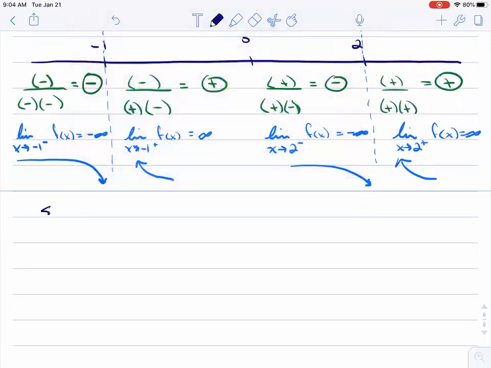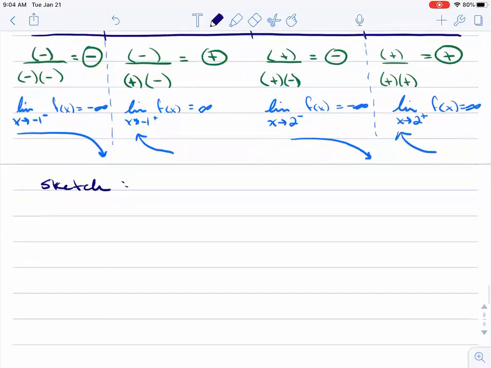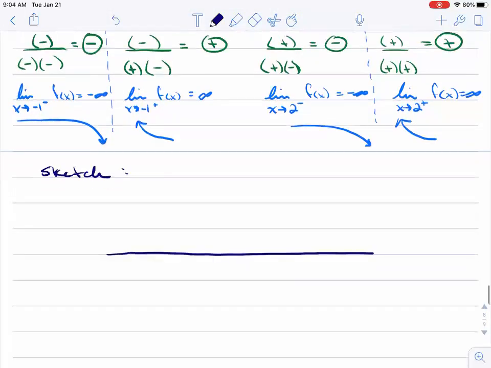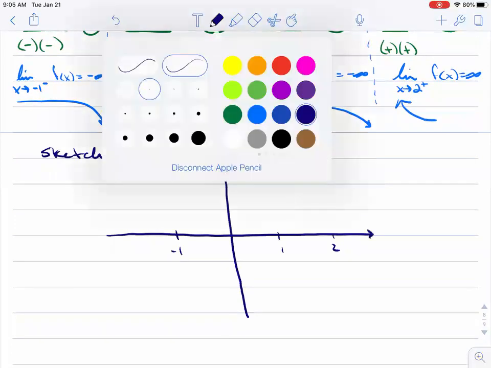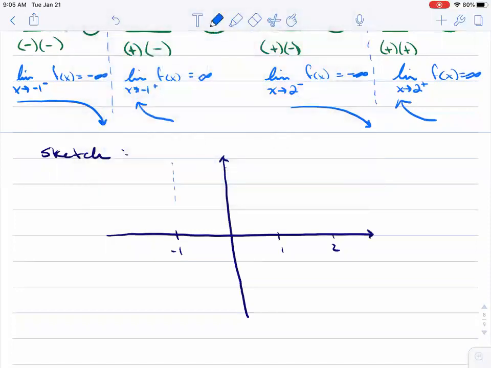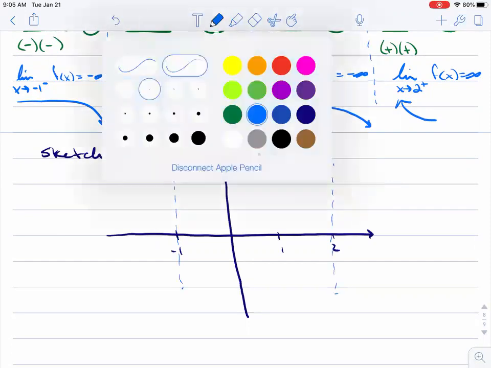So what we can do is sketch what the function might look like. We've got our x-axis, our y-axis. And if we plop down -1, 1, and 2, we already determined that we would have vertical asymptotes at -1 and 2, but now we know what they look like.